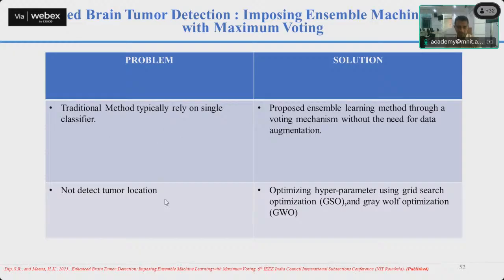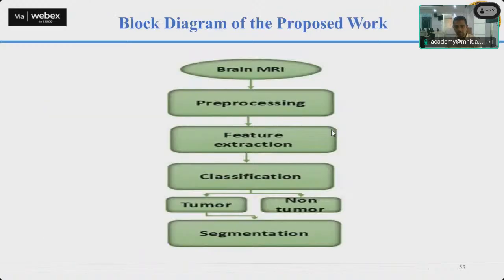So what are the traditional problems? Traditionally, methods rely on a single classifier. Here we propose an ensemble learning method through a voting mechanism without the need for data augmentation. Even if data augmentation like SMOTE is there, if you don't want to use it, we can skip it. So this is another alternative.